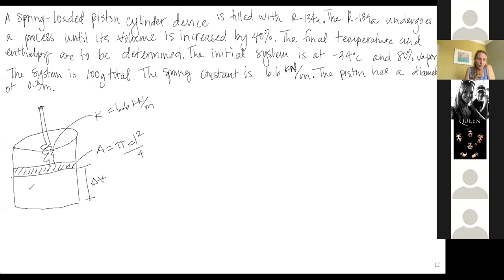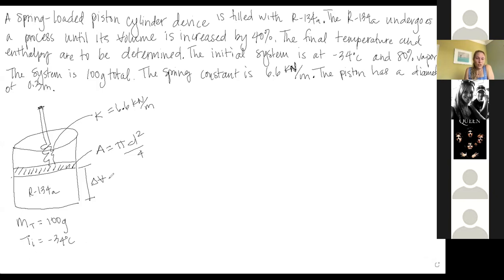We know that this is filled with R134A. We know that its total mass, initially at least, is 100 grams, since we're not doing mass transfer in this class. We have our initial temperature as negative 34 degrees Celsius.